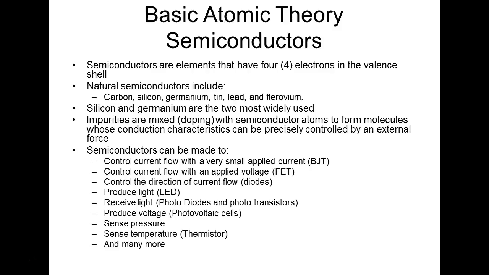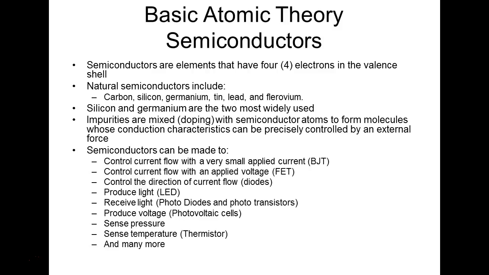Now, what we do is we introduce impurities into that. They call them impurities, but it's actually atoms. We use one we call trivalent, and one we call pentavalent, which we don't even cover in this class. But when we add these other atoms in there, it changes the conduction characteristics of the semiconductor and allows us to control the flow electronically, which is pretty neat.